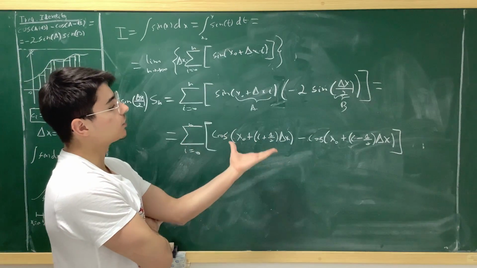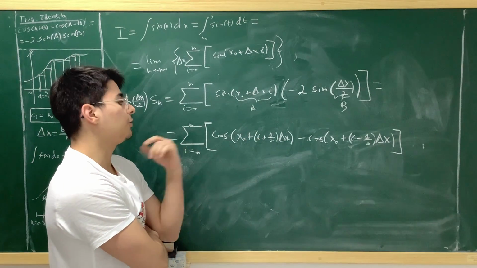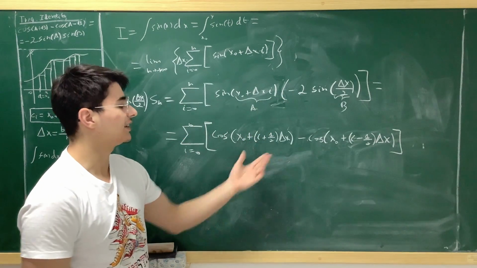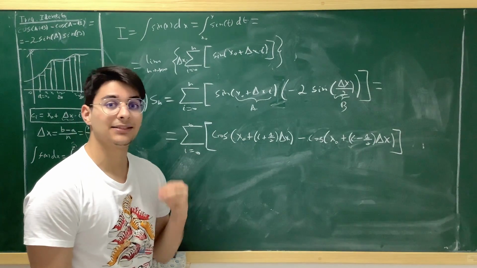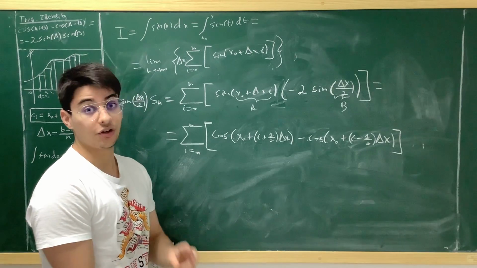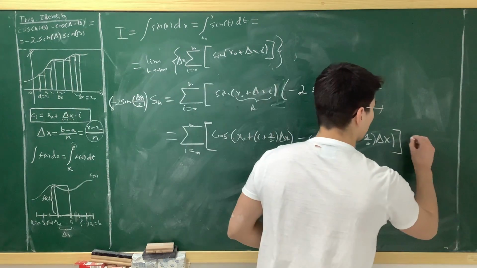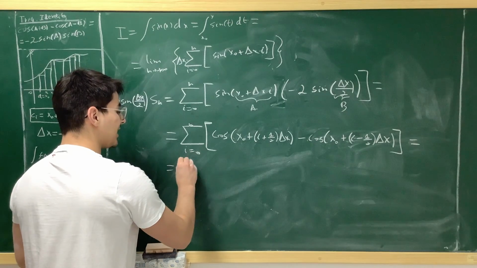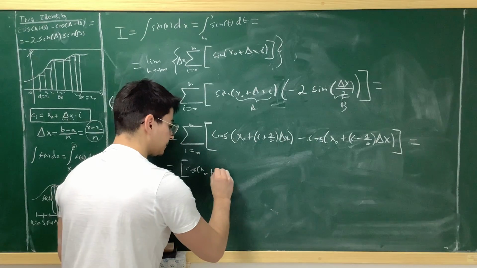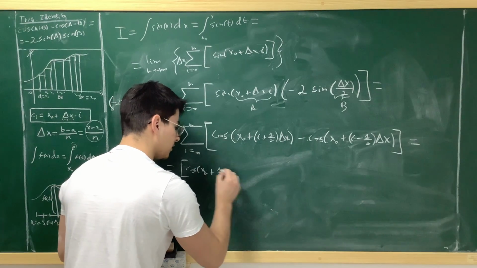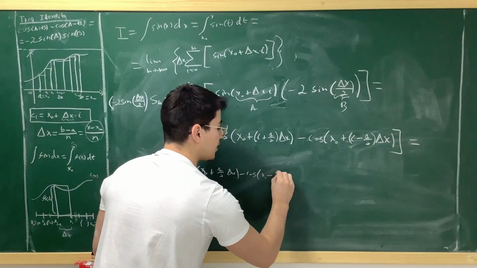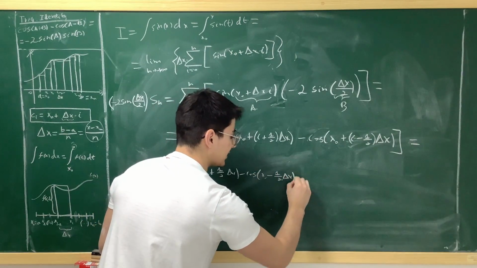Okay, so what's so important about this sum? Why have we bothered to multiply like this and get this result? Well, the thing is, this is a telescoping series, meaning that almost all of the terms cancel out, and we end up with actually just 2 terms. So let's see how this happens. For i equals 0, what do we get? We get the cosine of x naught plus 1/2 delta x minus the cosine of x naught minus 1/2 delta x.